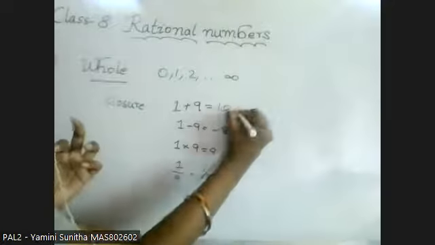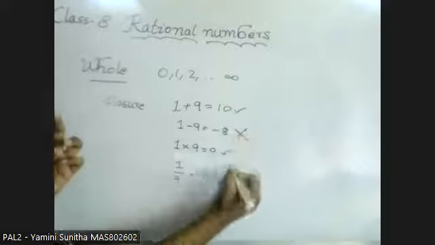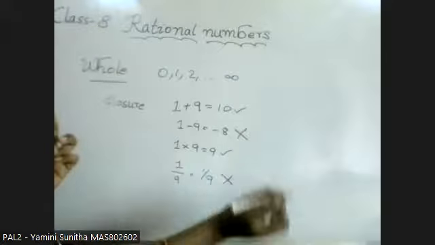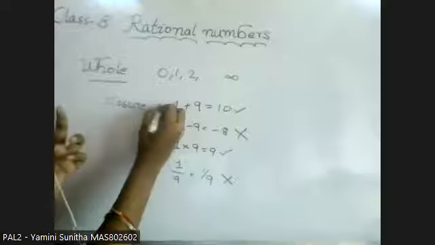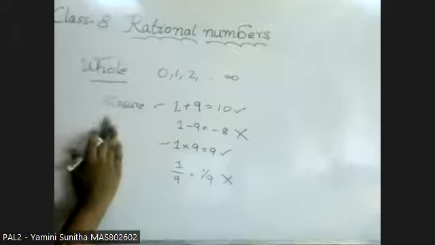So this belongs to whole number, but this does not belong to whole number. This belongs to whole number and 1 by 9 does not belong to whole number. So it is applicable only for addition as well as multiplication.